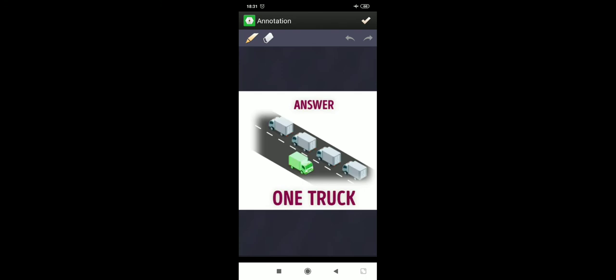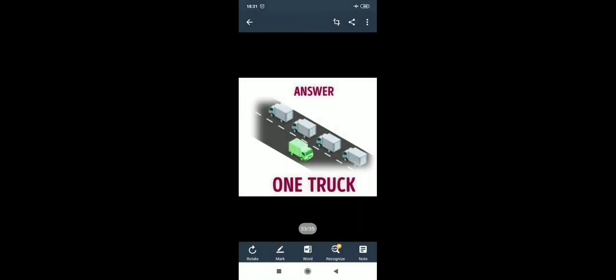It is going to a village and met 4 cars. How many cars are going? Generally, to the village, only one truck is going. Yes, this is a logical question. Do you like this riddle?